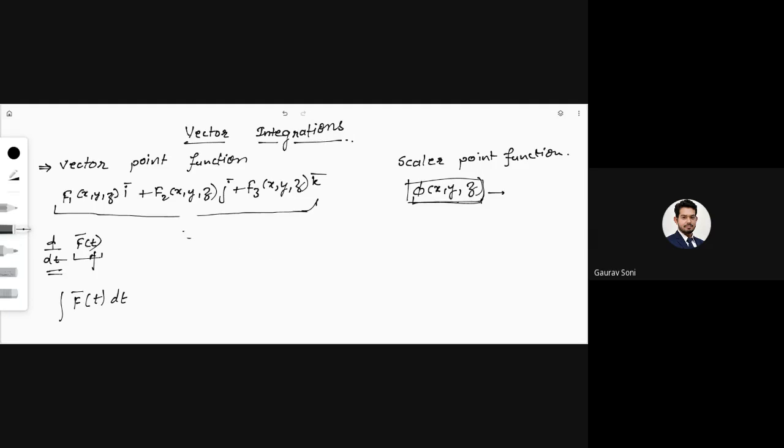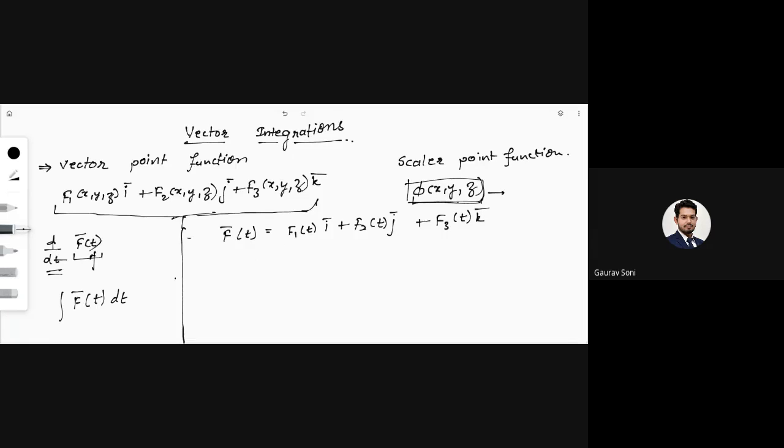Say, for an example, now I'll just give you a rough idea how we take the integrations there. The formulas you have seen earlier are the same. Just the way you take an integration is going to change. Say f bar of t is f1 of t into i bar plus f2 of t into j bar plus f3 of t into k bar.